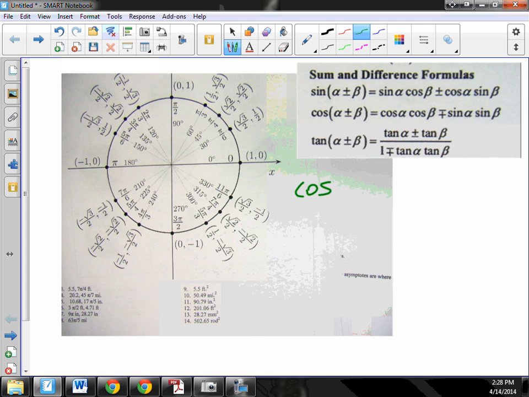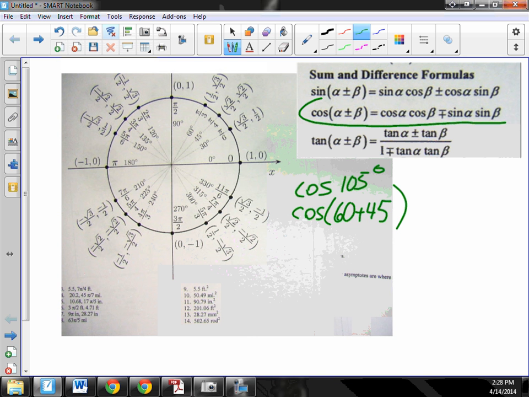Okay. Cosine of 105 degrees. I think this one's on your worksheet. How would we create 105? 60 plus 45. So I write down cosine of 60 plus 45. Okay? And then I fill in the formula, and is this a sum or a difference formula? So it's the top portion of this equation. What is the sign on the top portion of that equation?